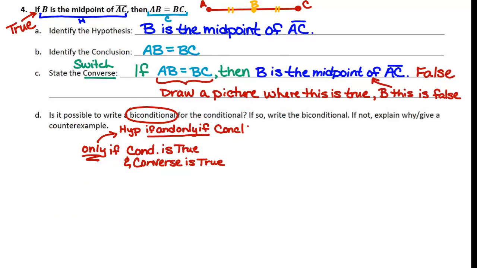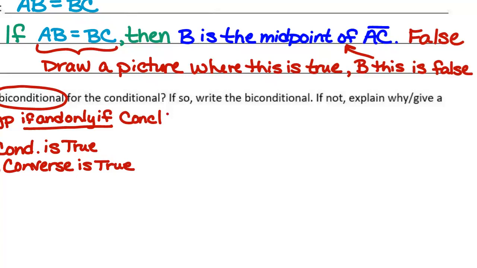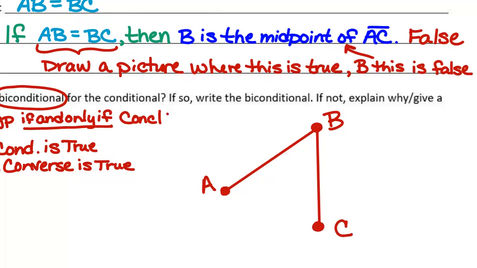So I need to draw a picture where segments AB and BC have the same length. So something like this. Here's my segment AB and my segment BC. AB is the same length as BC.